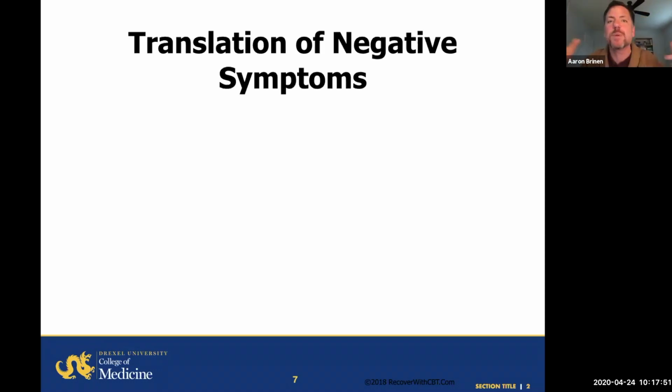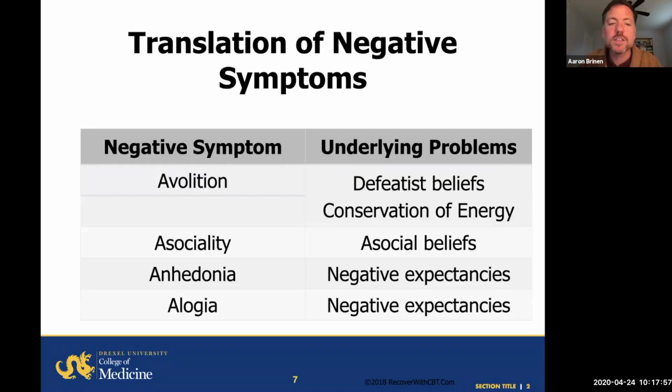These things that people were telling themselves that impacted the symptoms. He found that for avolition, the problems with motivation, individuals had the sense of being defeated. Why try? It's not going to work out anyway. And they also had this belief that they couldn't do things until they got the energy. We're going to talk about each of these symptoms, each of these belief sets.